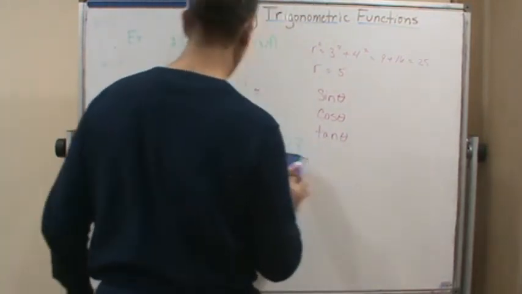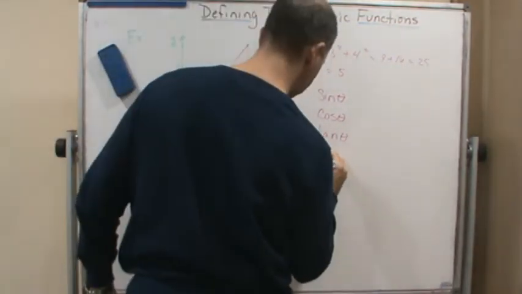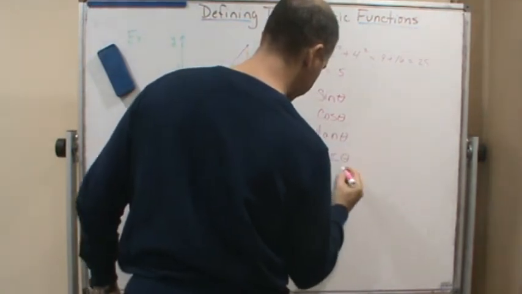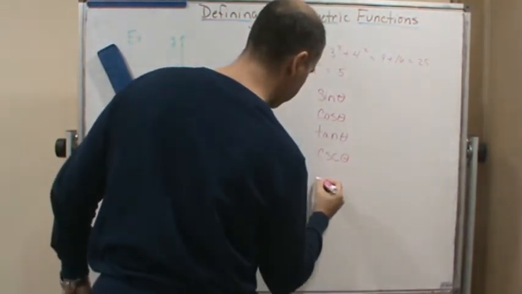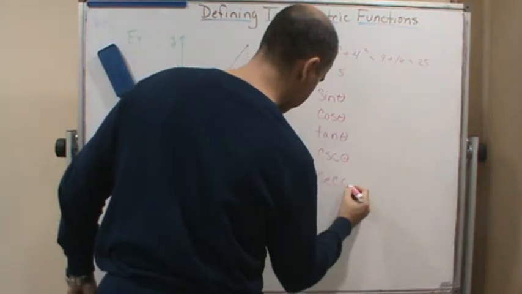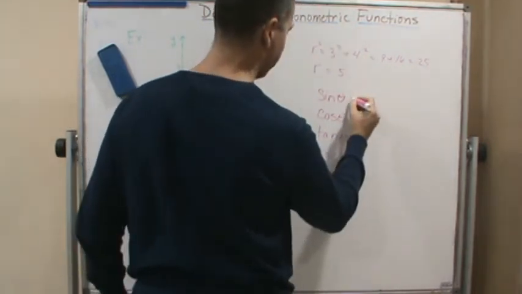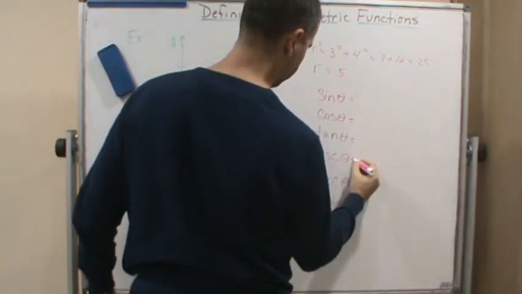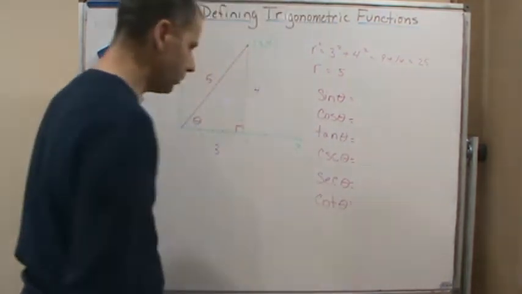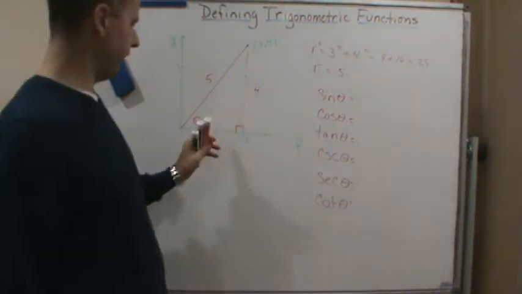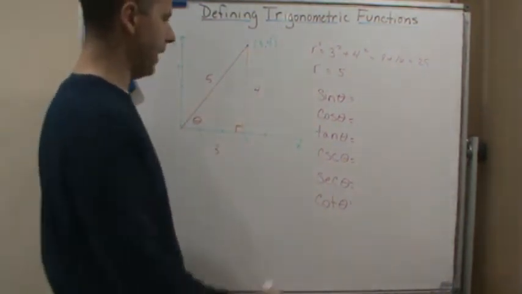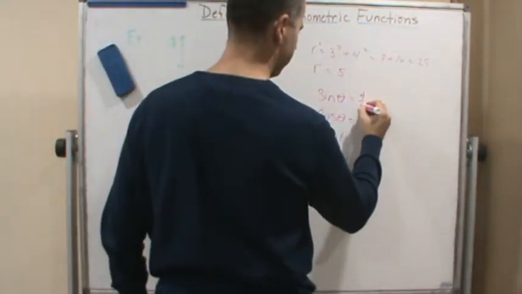So let me write these out. Okay, so sine of theta is opposite over hypotenuse, so that's going to be 4/5.